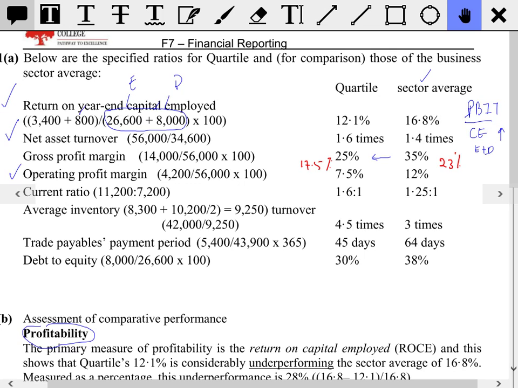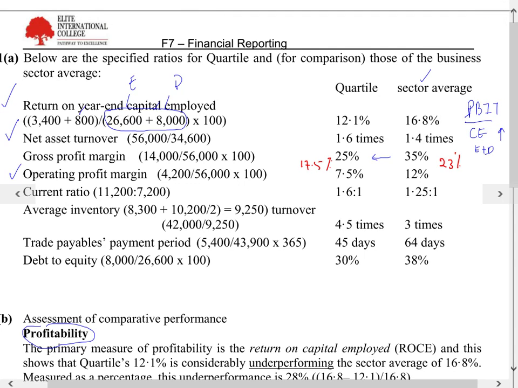Okay, average inventory turnover we are taking now 3 times and 4.5 times. Who is taking longer to sell, or who has more inventory? Us or the sector average? Sector average 3 times. Sometimes you can't tell from here, we convert to days, which will be easier. How to convert to days? 365 divided. So it's about 2 days.